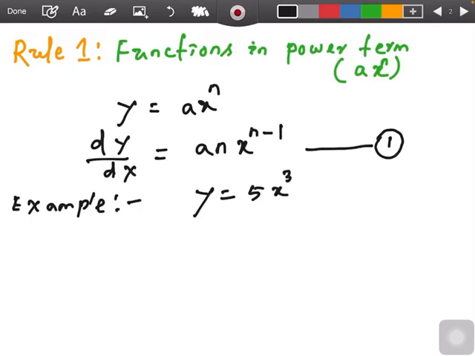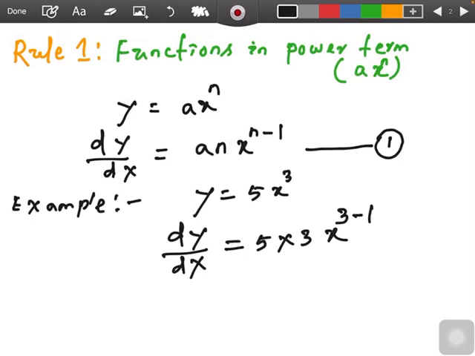By applying the above formula, rule 1, dy by dx will be 5 into 3 x to the power 3 minus 1. So this is 15 x to the power 2. This is rule number 1.